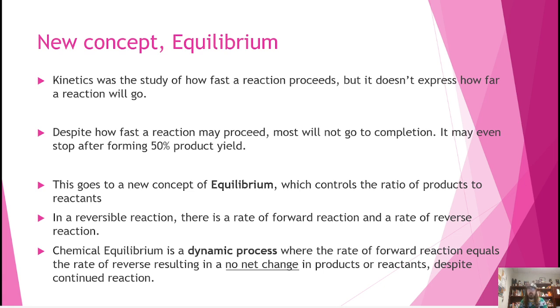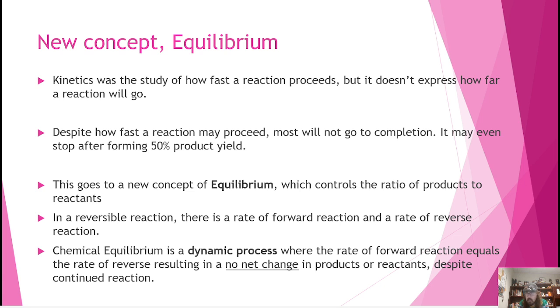But in a reversible reaction, there's a rate of forward reaction and there's a rate of reverse reaction. And equilibrium is the dynamic process by which, at a certain point, the forward reaction slows down because there's less reactants to react. And because there's more products, the reverse reaction speeds up. Eventually we get to a point, a balancing point, where there is no net change in products or reactants.